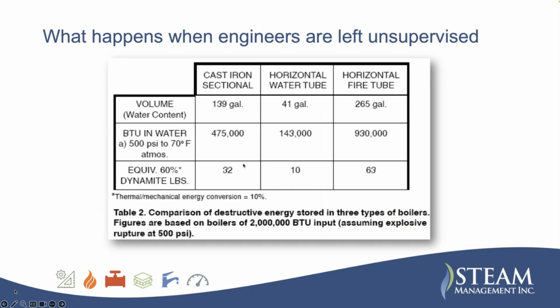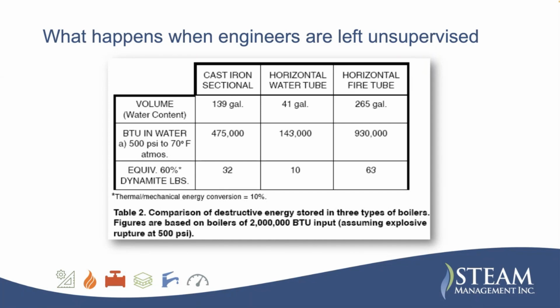I found this on a copper fin boiler site, and they have since taken it down. The engineer that was doing it was trying to show how their boiler was so much safer than anyone else's. He had the horizontal water tube in the middle, and he said, if the cast iron sectional blows up, it's equivalent to 32 pounds of dynamite.